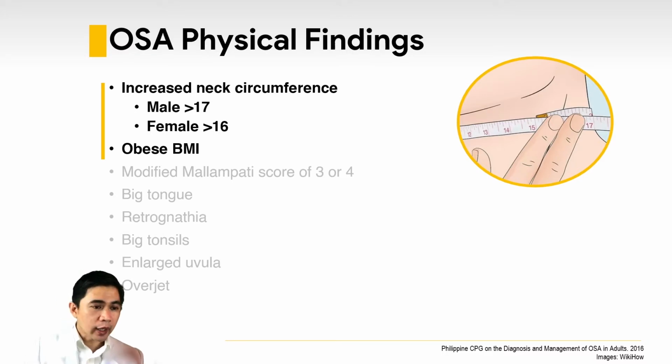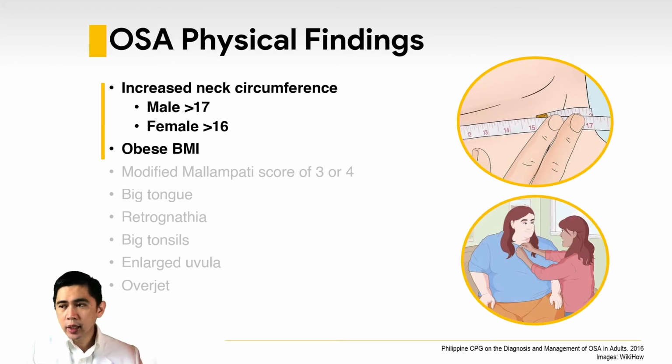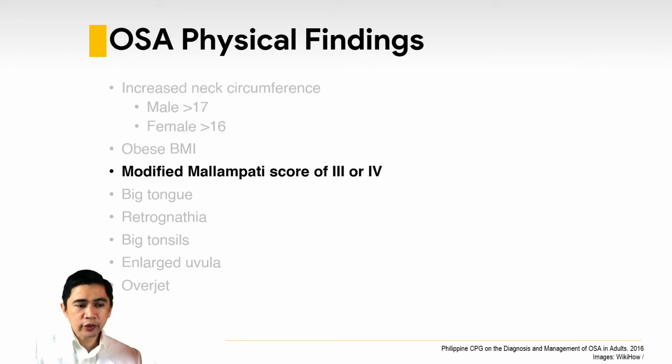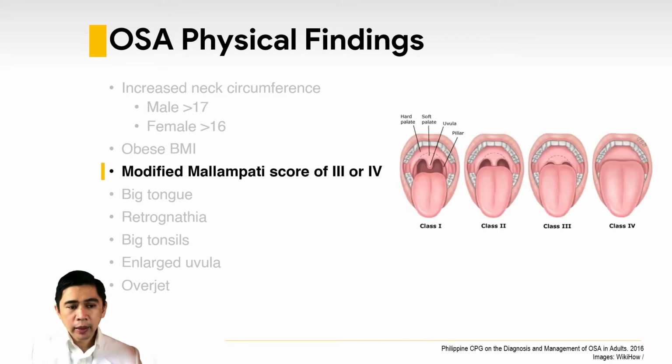So take note, we have different BMIs if you are an Asian or a Caucasian. Okay, we have different BMI categories. The next physical finding is a modified Mallampati score of 3 or 4. Mallampati scoring is obtained when you take a look at the patient and tell them to open their mouth and stick out their tongue. Class 1 is you can see all the structures, the hard palate, the soft palate, the uvula, and the pillars.